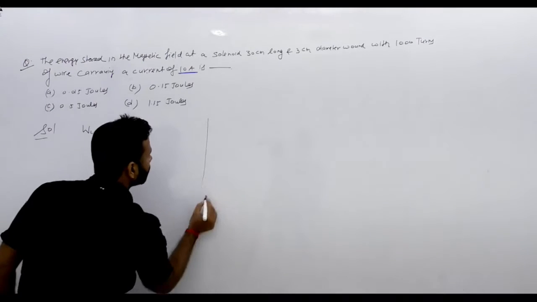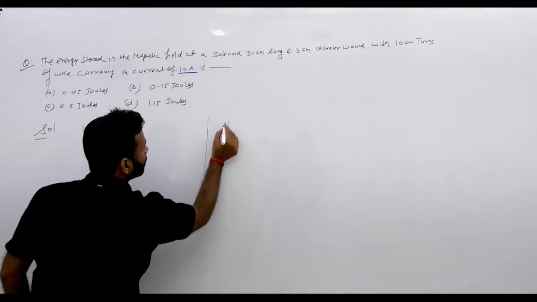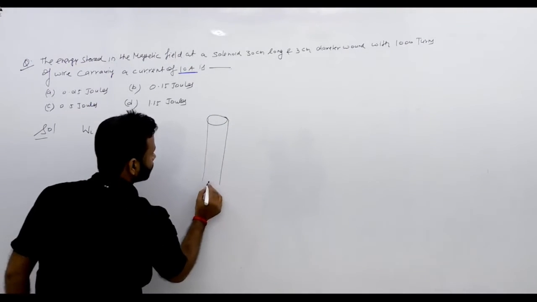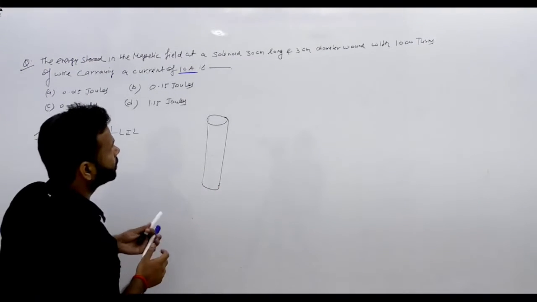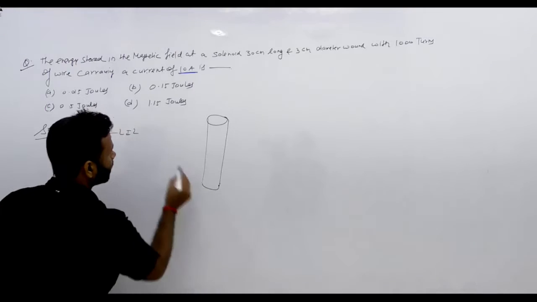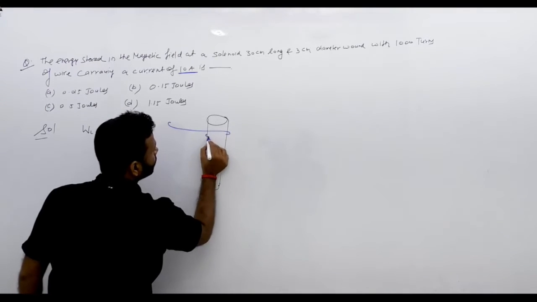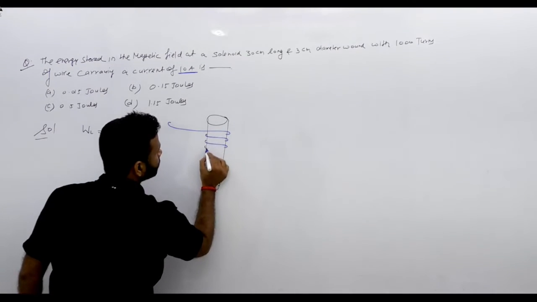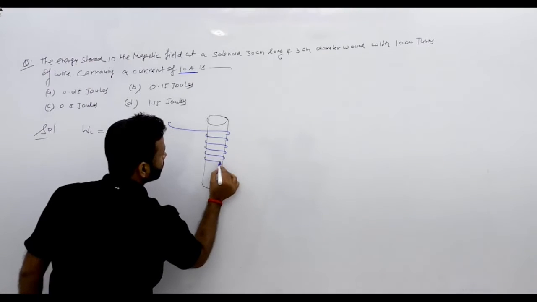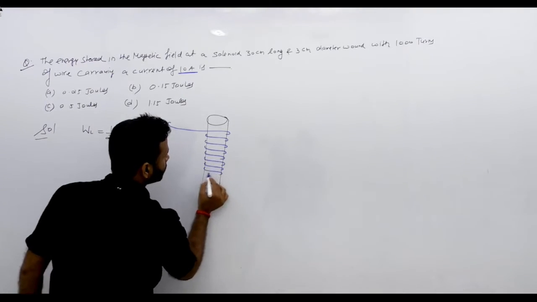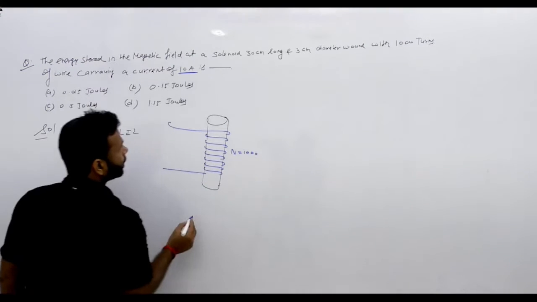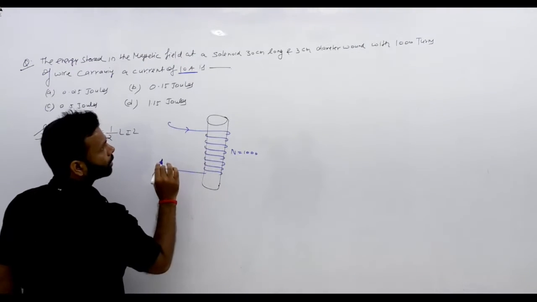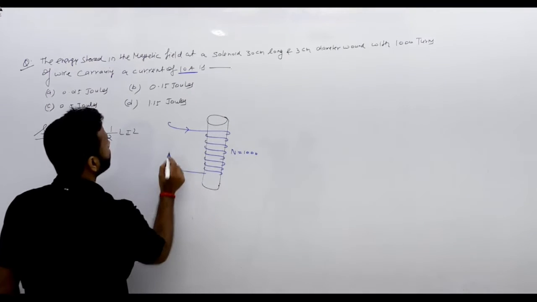So I take just one solenoid which is having 1000 turns. The number of turns is 1000, and the current flowing in the solenoid is 10 ampere.